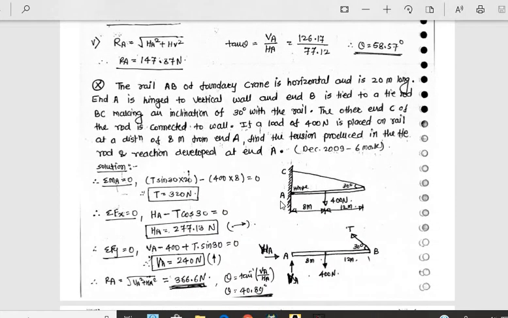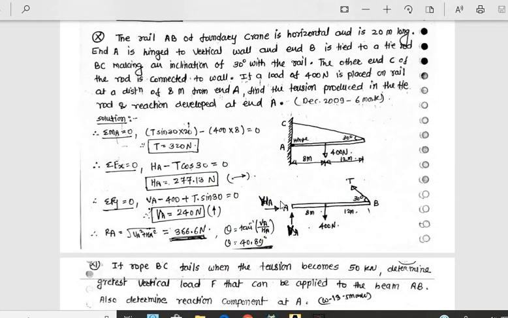Okay, now the next problem. The rail AB of a foundry crane is horizontal and is 20 meter long, and A is hinged to a vertical wall and end B is tied to a tie rod BC, making an inclination of 30 degree with the rail.